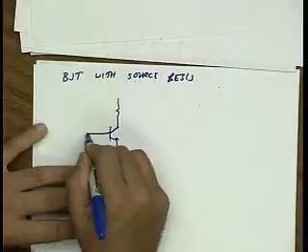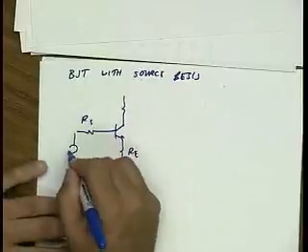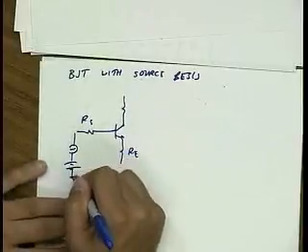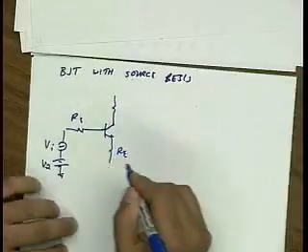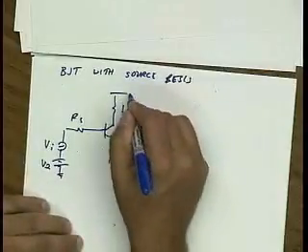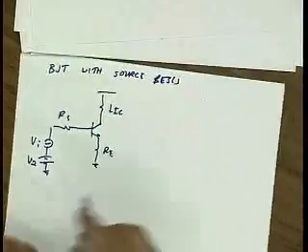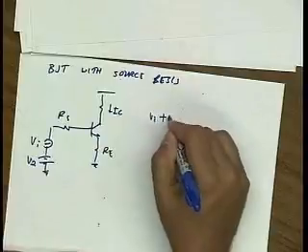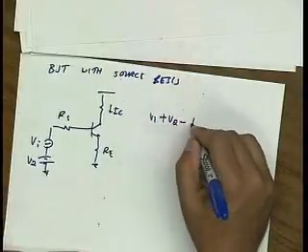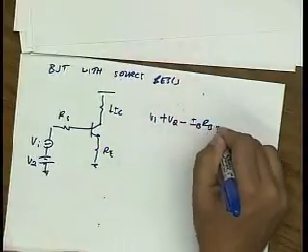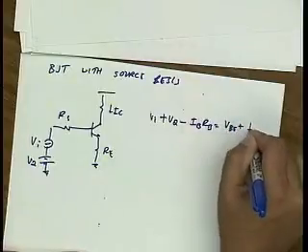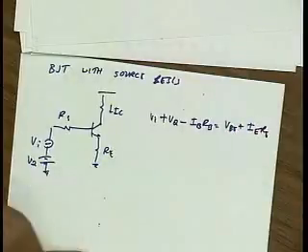Okay, let's look at a BJT with source resistance. So now let's take into account Rs, which is always present. And so now V input plus VQ minus IBRB is equal to VBE plus IERE. Okay?